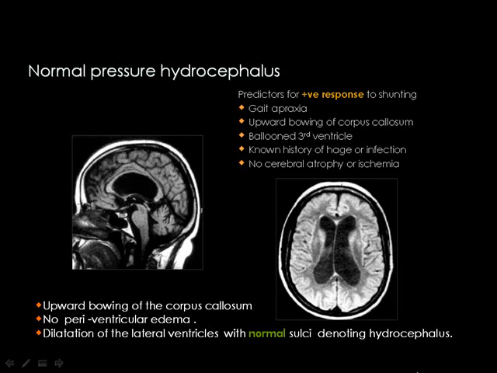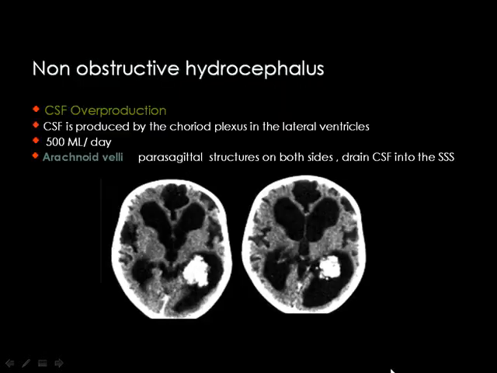These criteria will help the good results of the shunt tube. Then we came to non-obstructive hydrocephalus, where the CSF is overproduced by a tumor of the choroid plexus.